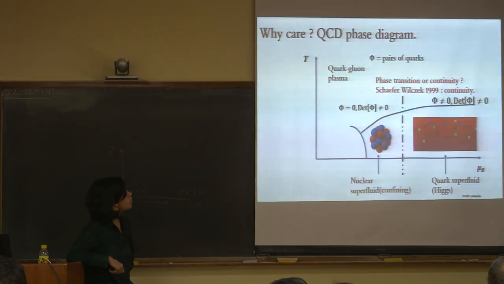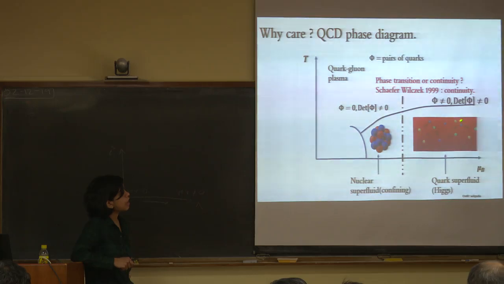Now, what one can do is the following: the quark superfluid can actually be mapped to the problem that I showed you earlier, where you have, let's say, an SU3 gauge theory with 3 fundamental scalar fields.